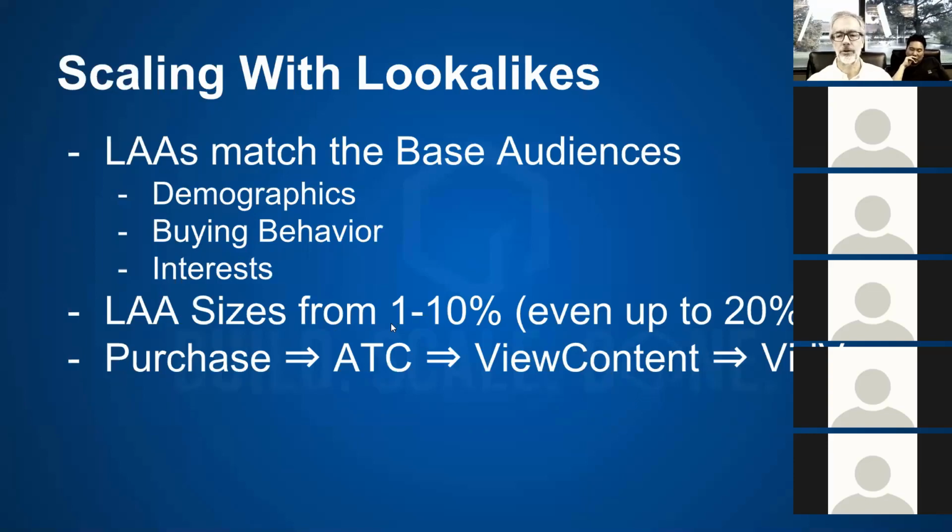And here my recommendation is that you shouldn't confine yourself to just the 1%. A lot of times the 3% audience, where maybe the 1% is even excluded, is going to perform better than a 1%. And there's not really a totally rational explanation for that, but that's just sometimes the case.